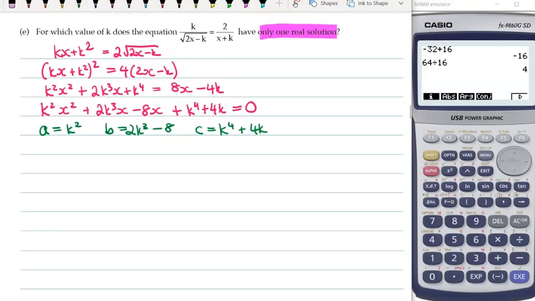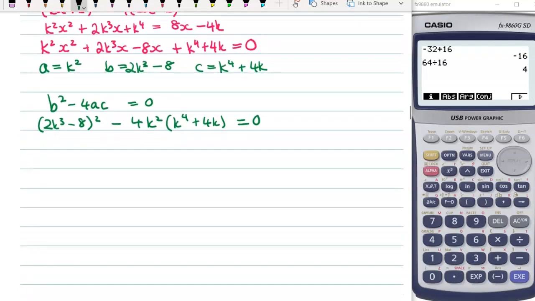For there to be just one solution, we want the discriminant to be equal to 0. So we take the b part, square it, and minus 4 times the a part times the c part, and set that to be equal to 0. Right, if we square this thing, we will have 4k to the 6 minus 32k cubed plus 64. Then expand this next bracket, we've got minus 4k to the 6 minus 16k cubed is equal to 0.